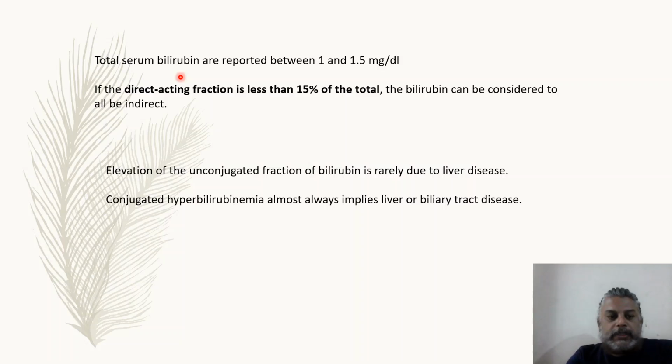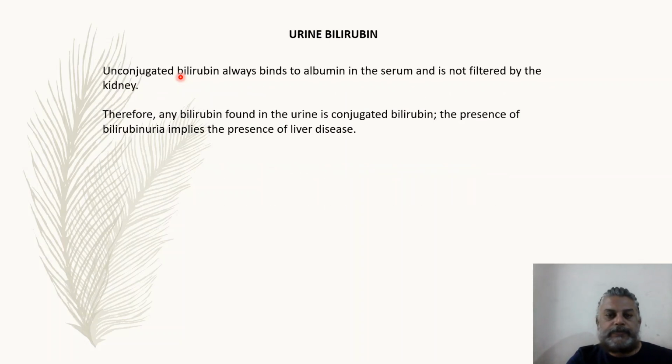That means by default, elevation of unconjugated bilirubin is rarely due to liver disease. It is usually because of hemolysis somewhere else, and conjugated hyperbilirubinemia is usually because of liver disease or biliary tract disease.